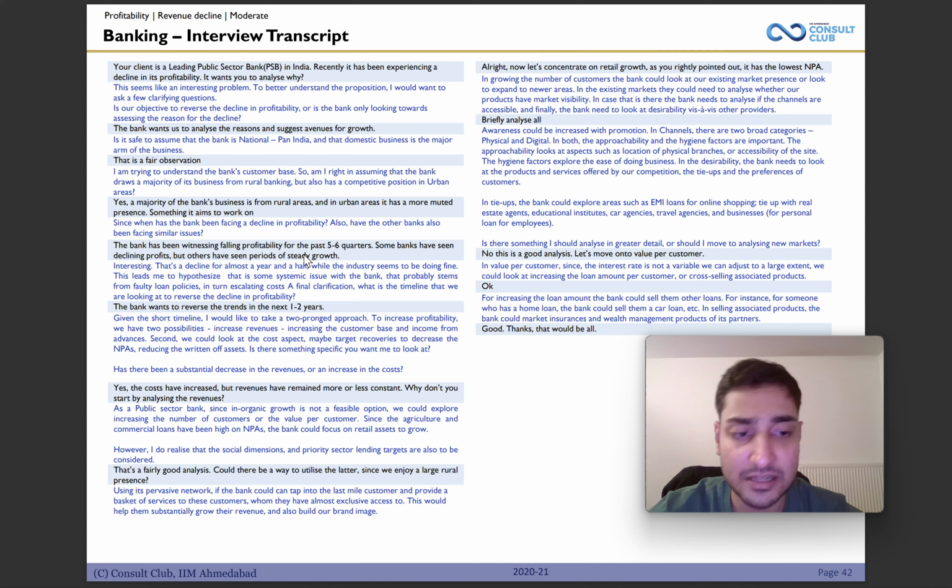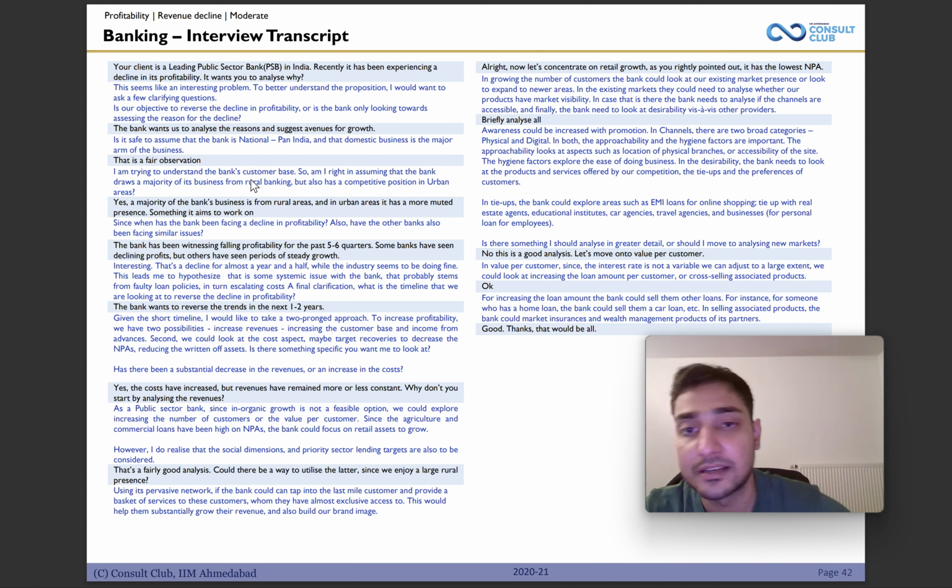If it's an industry-wide problem, then you try to understand more of the external factors, such as government policies and other external things outside of the bank's control, which could have affected the decline. But yes, the bank has been witnessing falling profitability for 5 to 6 quarters. Some banks have seen declining profits, but others have seen periods of steady growth. So it's not an industry-wide problem; it's mostly a bank-specific problem.